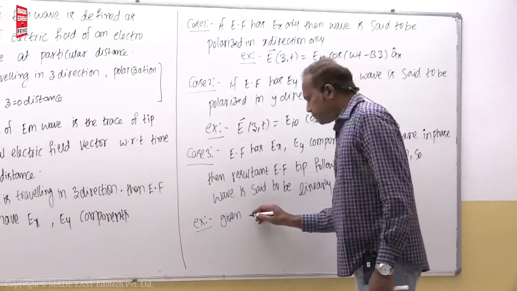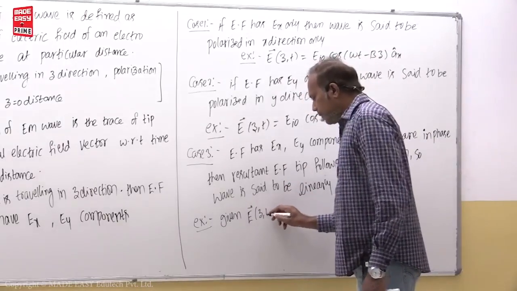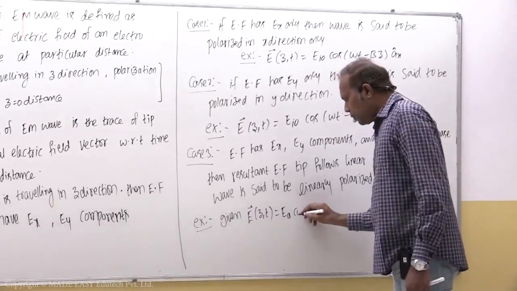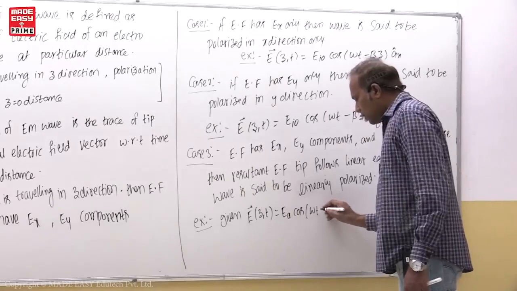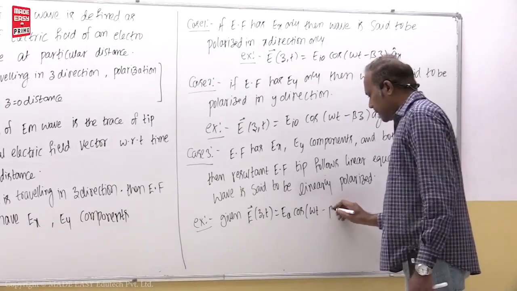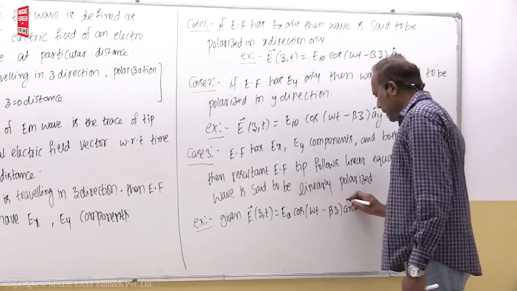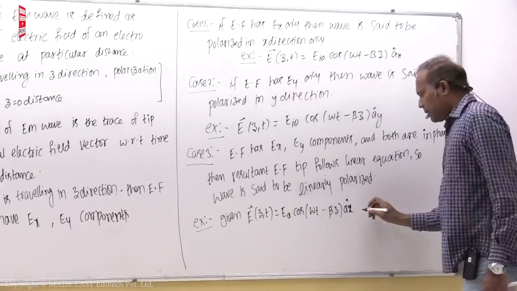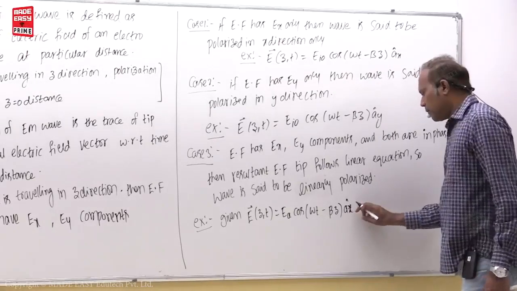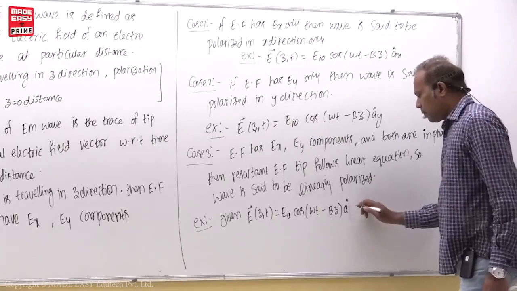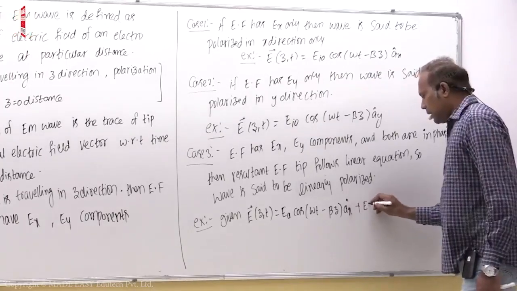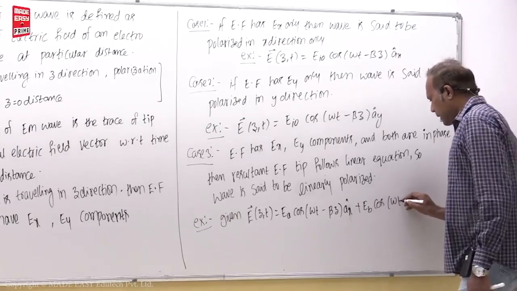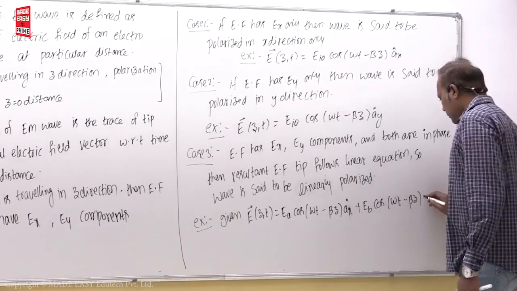So it is given: the electric field for a wave traveling in the z direction is Ea cos(omega t minus beta z) ax cap plus Eb cos(omega t minus beta z) ay cap.